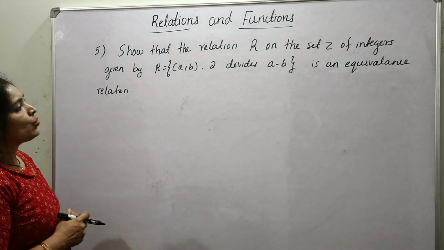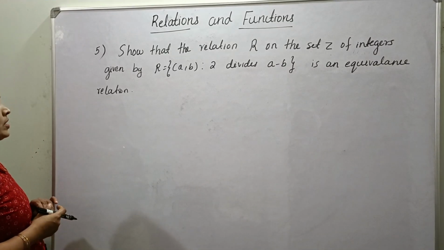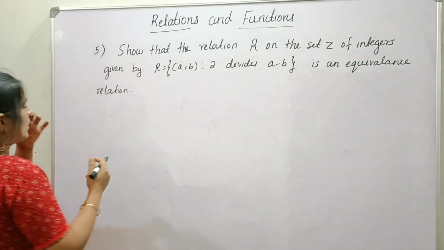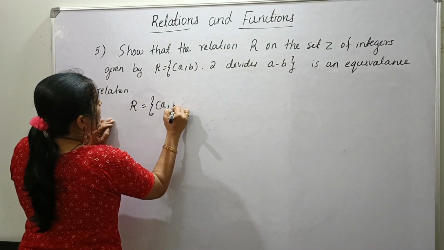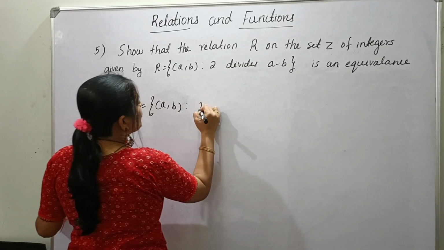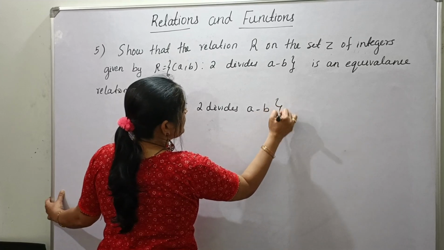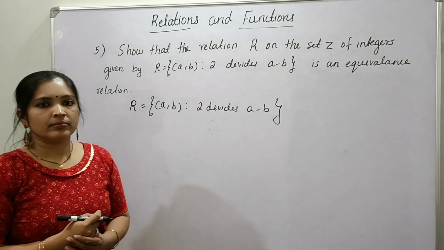So here we have to check whether this relation is an equivalence relation or not. For that we have to check reflexive, symmetric and transitive. Given relation is R equal to ordered pairs AB such that 2 divides A minus B. Here we can say 2 divides A minus A, right?